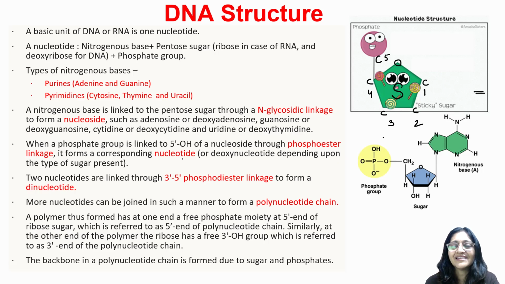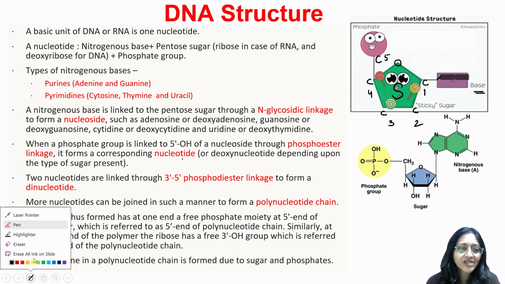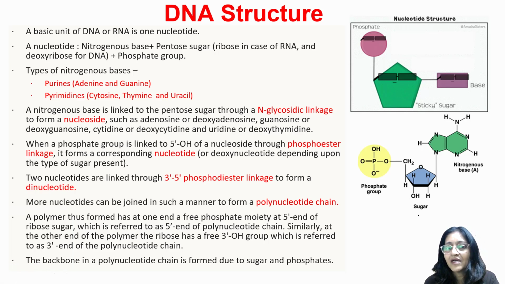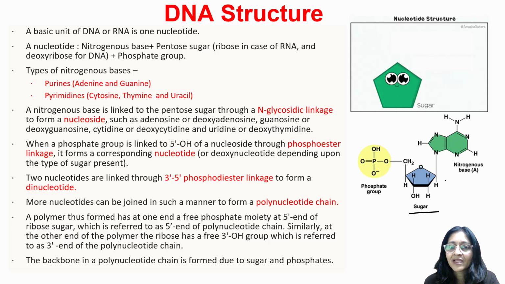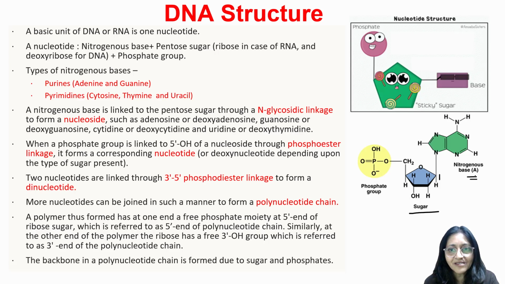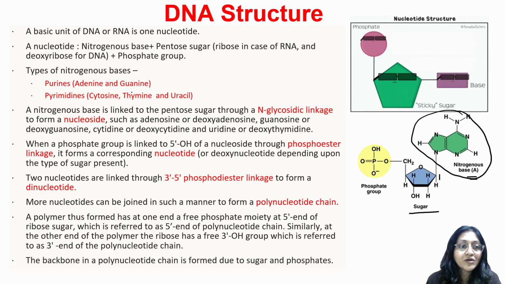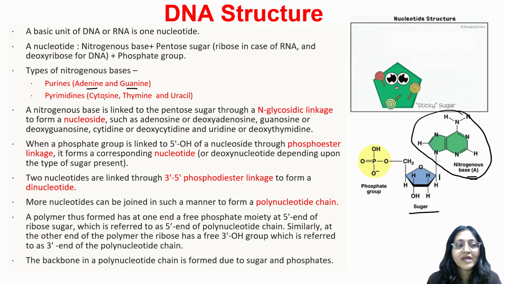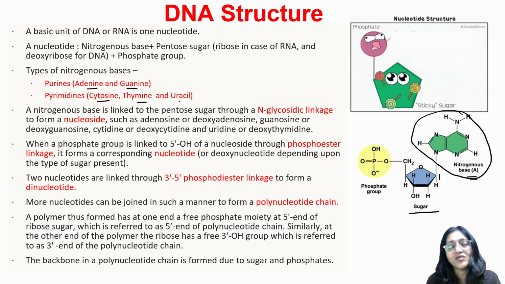So let's look at the structure now. This is the structure of one nucleotide which has a sugar. At carbon number 1, you have a nitrogenous base. This nitrogenous base could be either adenine, guanine, cytosine, thymine, or uracil.